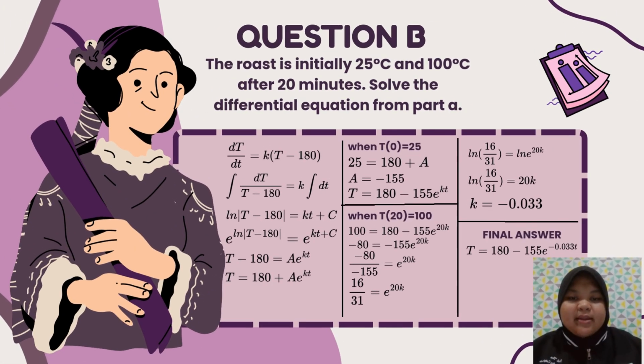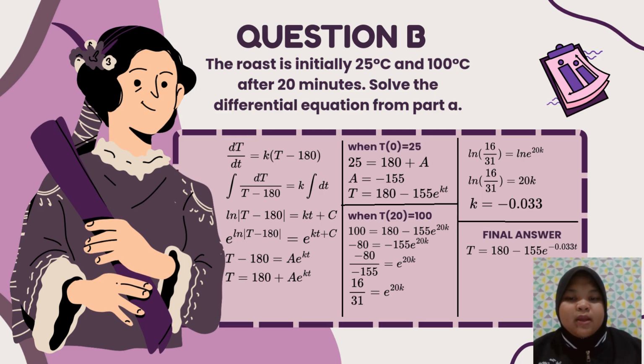This slide explains question B, where we apply Newton's law of heating to model how the temperature of a roast changes over time. First, let's look at the information given in the question. The roast starts with an initial temperature of 25 degrees Celsius.